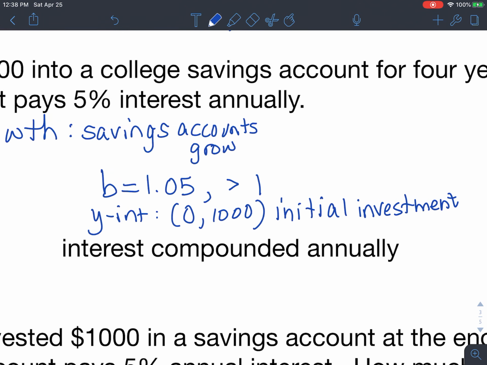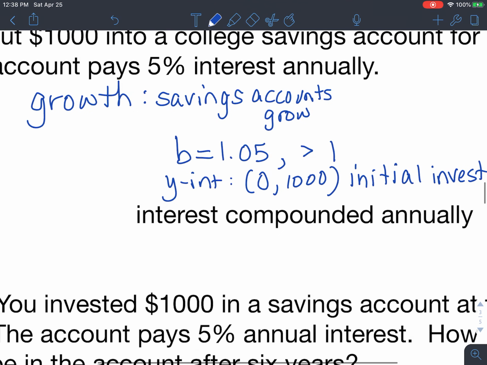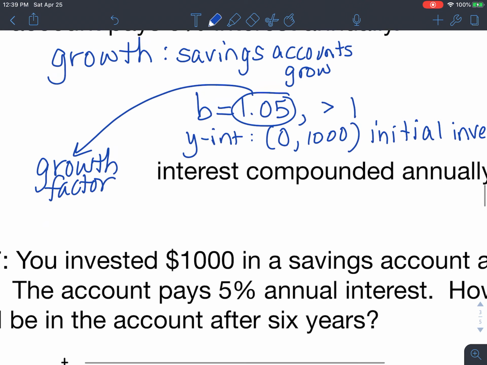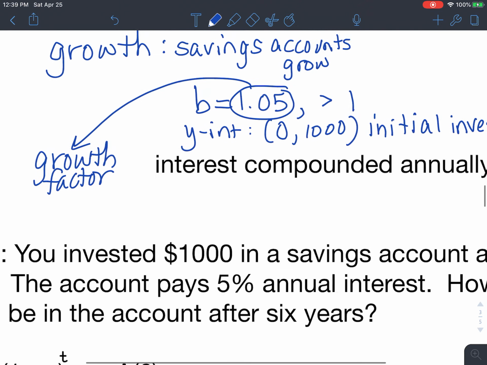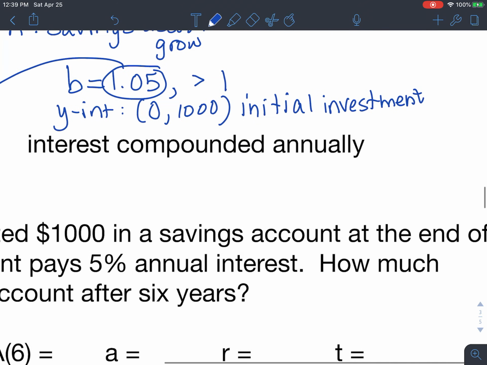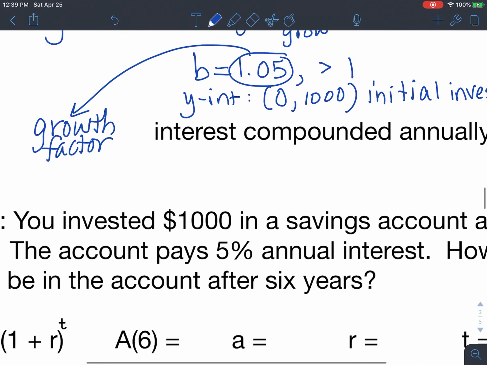When time is 0, you've put in $1,000. Okay, this number here, B, is called the growth factor. Or if it's less than 1, it would be a decay factor. I'll discuss that more in just a second.